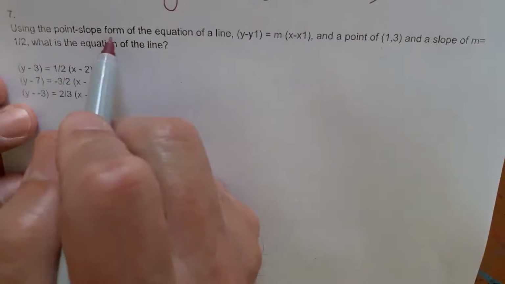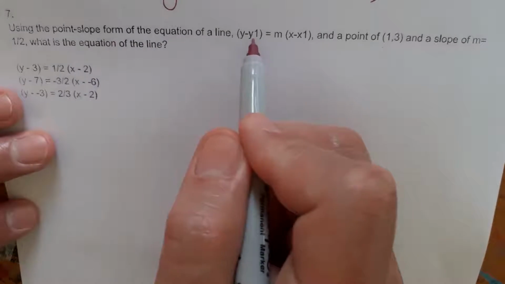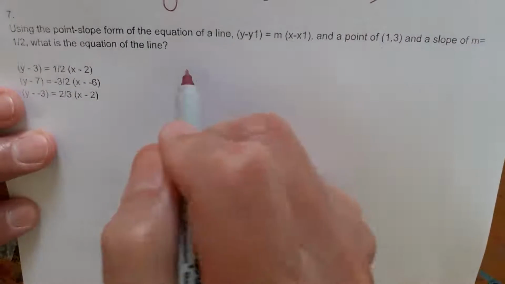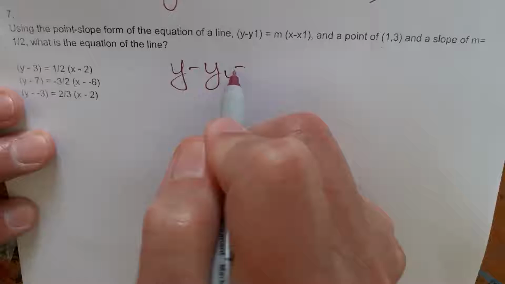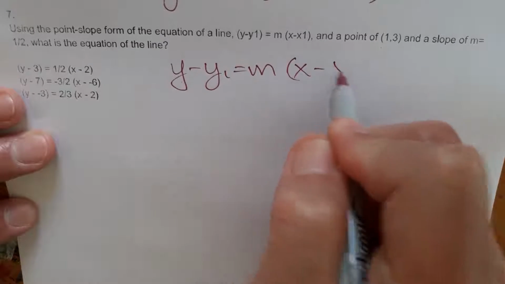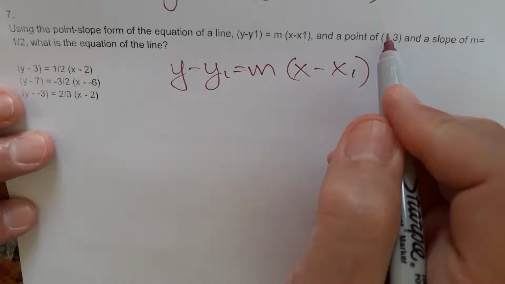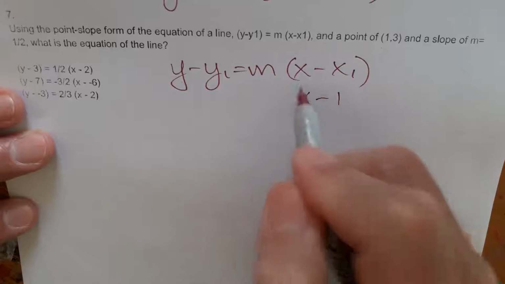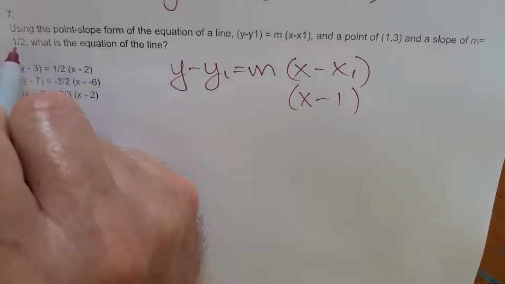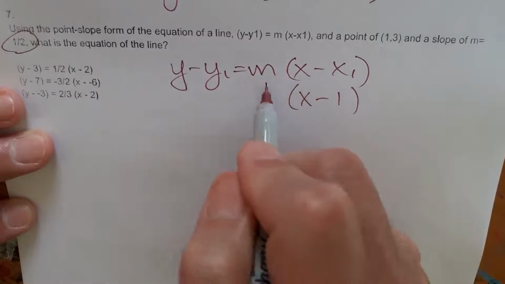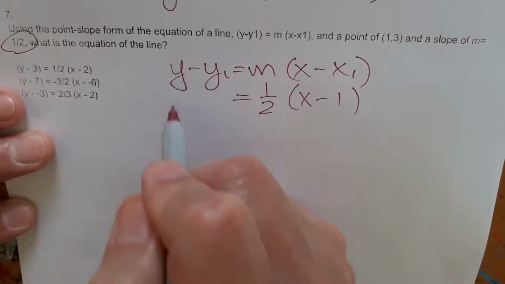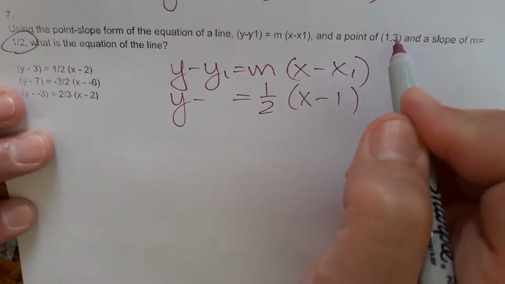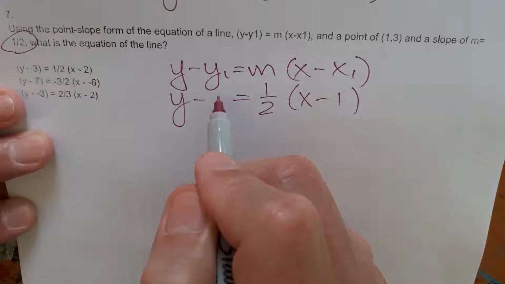Okay. Using the point slope form of the equation of a line. Same thing. So y minus y1 equals m times x minus x1. Let's do it again. The x is 1. The m is 1/2. The y1 is 3.